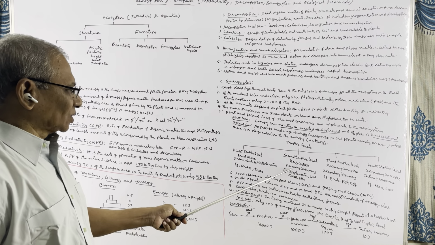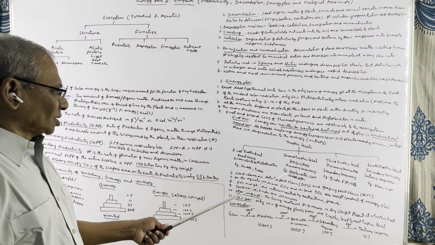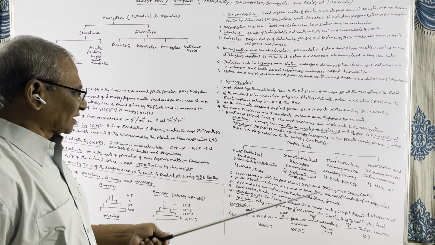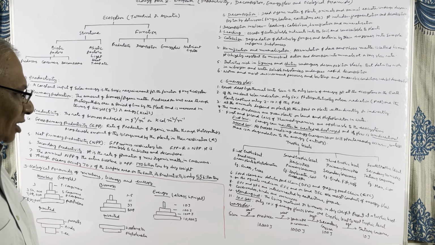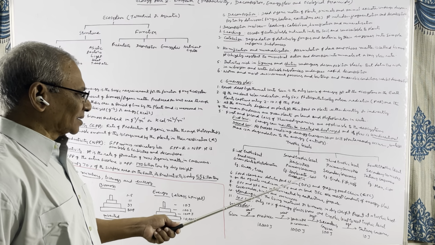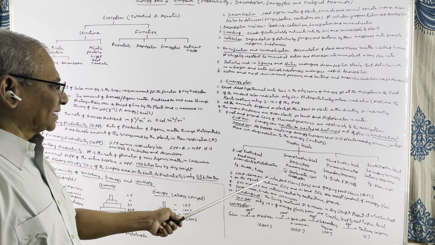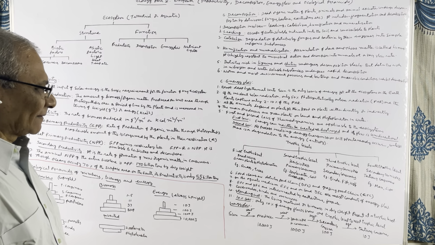These herbivores are known as primary consumers. In water, zooplankton constitutes the primary consumers. On the land, there are so many, rabbits, cows, grasshoppers, like that. All the herbivores occupy the second trophic level.